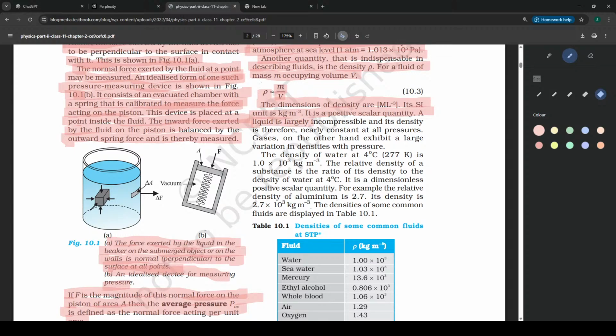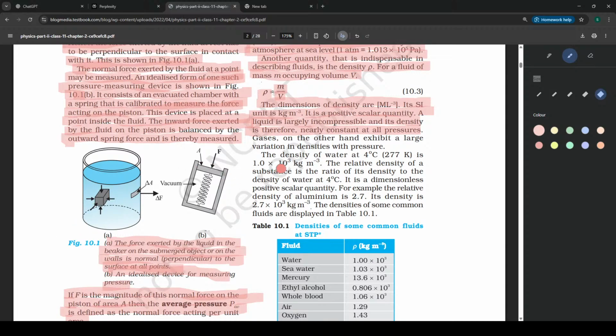A liquid is largely incompressible and its density is therefore nearly constant at all pressures. Let's see what they said again. A liquid is very hard to compress, and mostly its density will remain constant at all pressures, because even at highly varying pressure it does not change in density much.